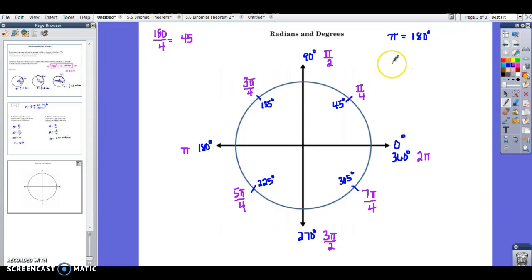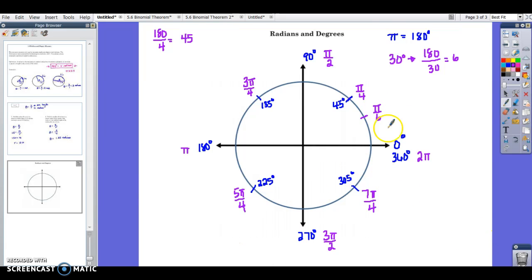Okay, so let's say, for example, I had 30 degrees. Okay, so if I have 30 degrees, how many times does 30 go into 180? Well, it goes into 180 6 times. That means every 30 degrees, I'm doing 1/6 of pi, which means every 30 degrees represents 1 pi over 6.